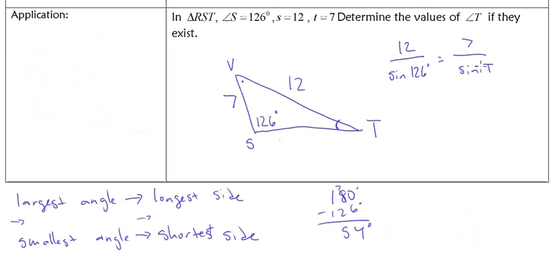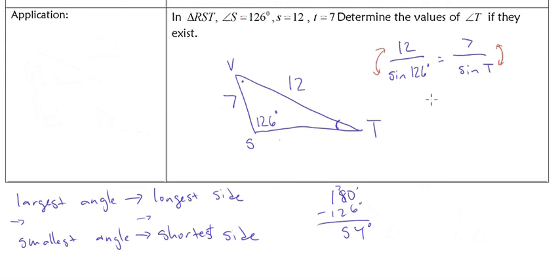So we want to get sine of T by itself. And since this is a proportion, if we invert both sides, we can do that in one step, rather than multiplying both sides by T, multiplying by sine of 126, and dividing by 12 and by 7.